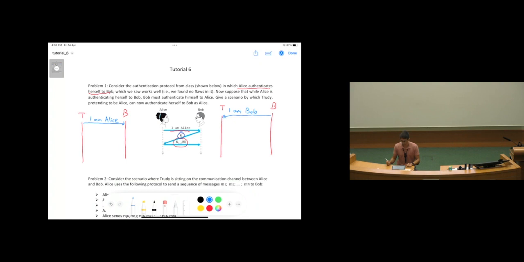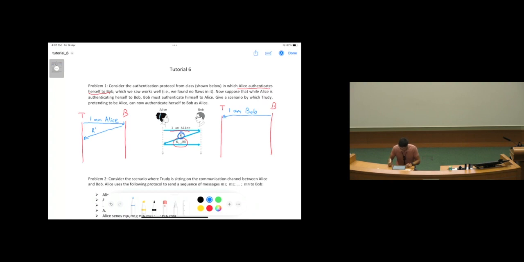It requires Bob to send a nonce, correct? So Bob will send Trudy a nonce value. This will be a different nonce value, so let's denote it by R prime. It has to be different than the previous nonce value Bob used, for instance.